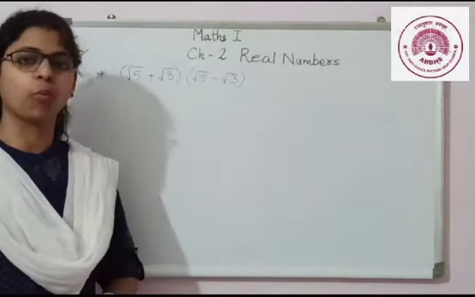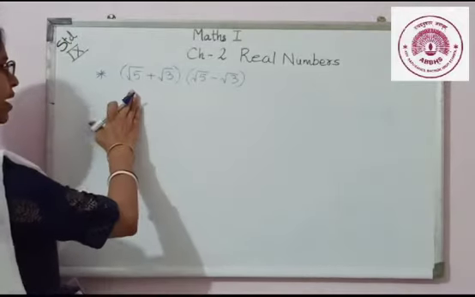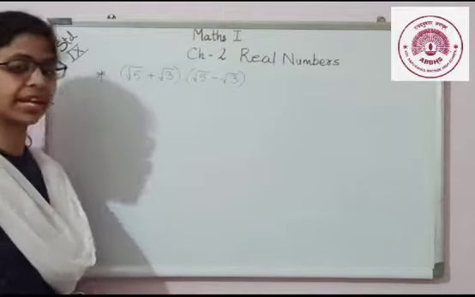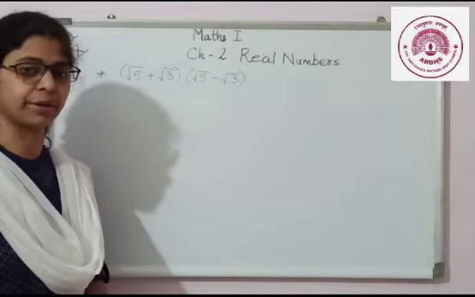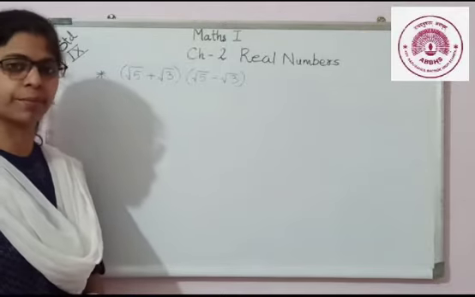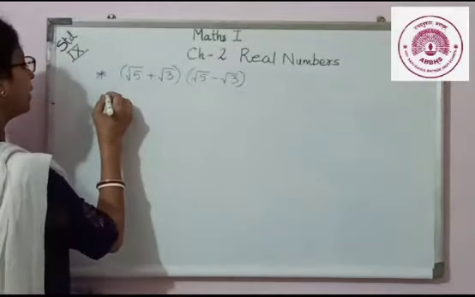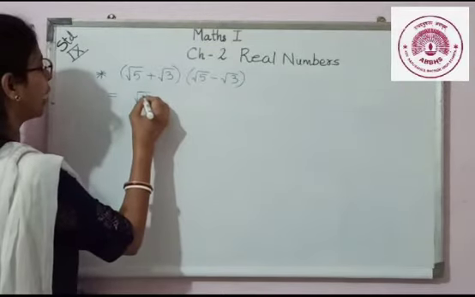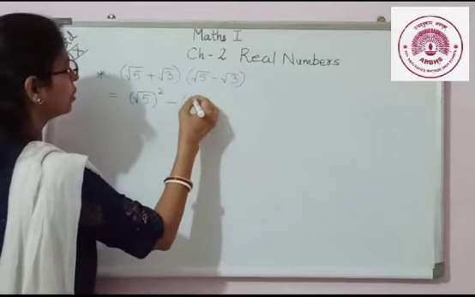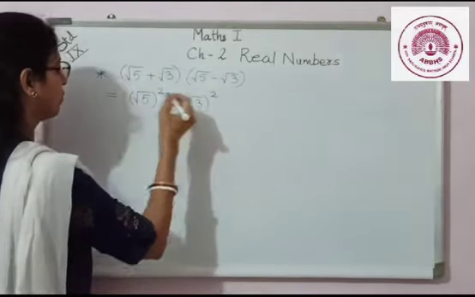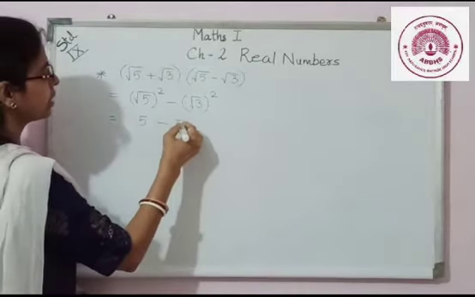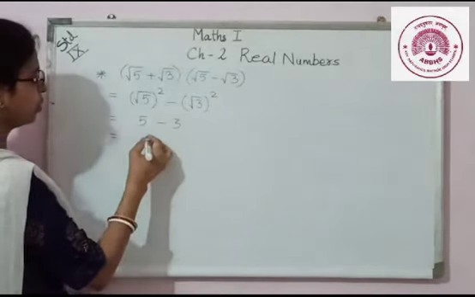Okay, let's see one more example. (Root 5 plus root 3) into (root 5 minus root 3). Here we can apply the same identity, (a plus b) into (a minus b) equals a square minus b square. So root 5 square minus root 3 square. Now root 5 square is 5, root 3 square is 3, which is equal to 2.